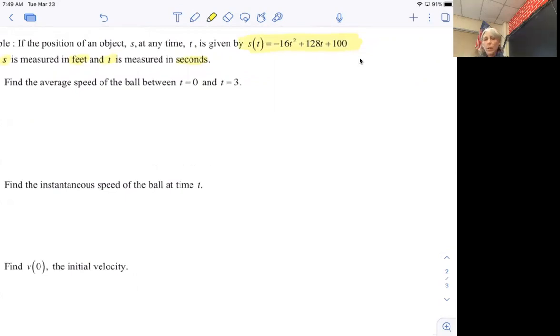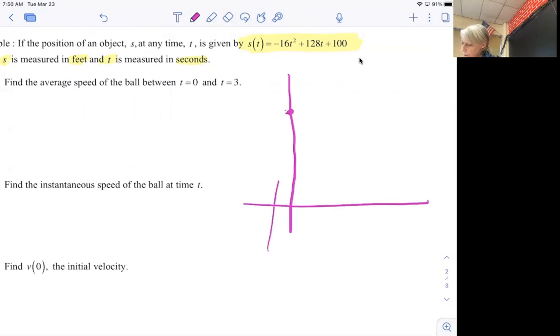You can put it in your calculator if you want to, but you should be able to see this. It's an upside down parabola. So I have an upside down parabola. My y-intercept is 100. And it goes something like that.